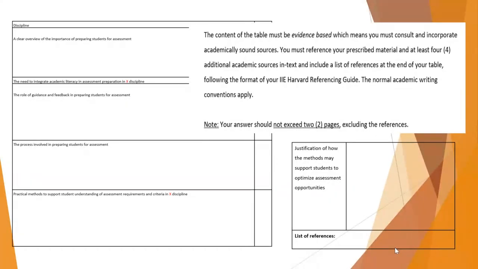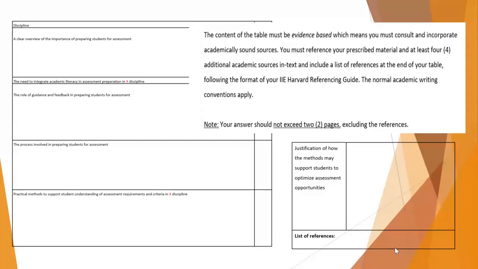The role of guidance and feedback in preparing students for assessment, the process involved in preparing students for assessment. And here Karen's question comes in so well because this should be in bullet points. Practical methods to support students' understanding of assessment requirements and criteria in X discipline.